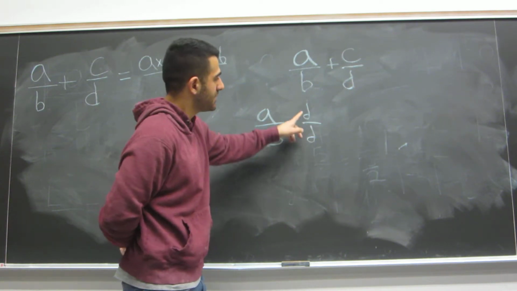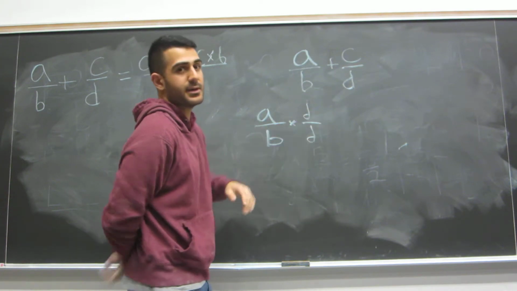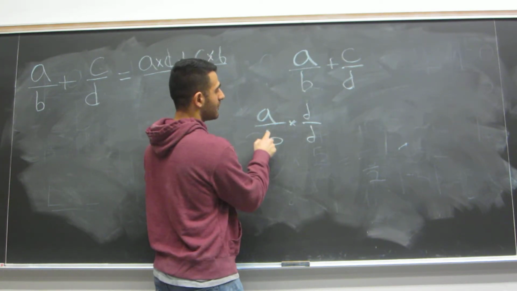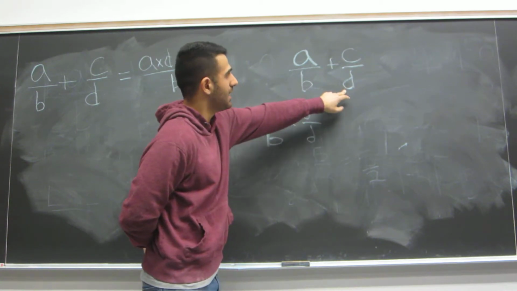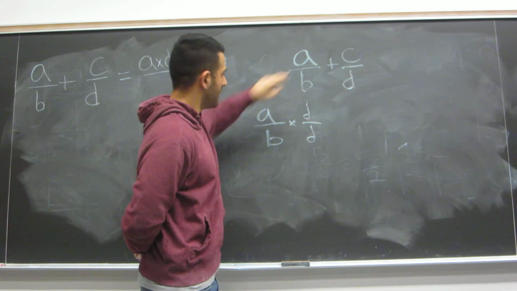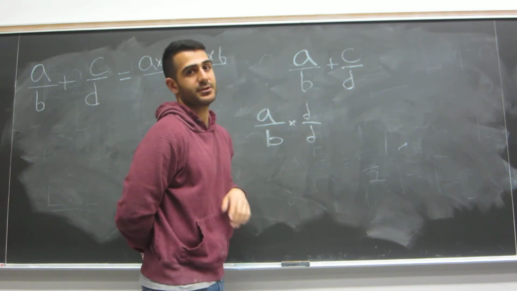Because regardless of what this number is, any number over that same number equals 1. So this is the same thing as saying a over b times 1, right? So what we're doing is multiplying the top and bottom of the first rational number by the denominator of the second rational number.